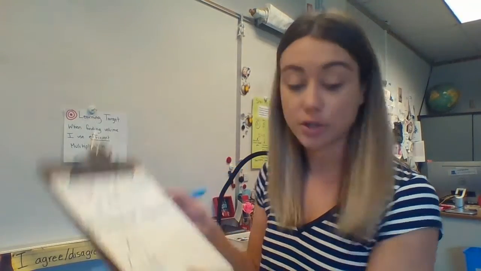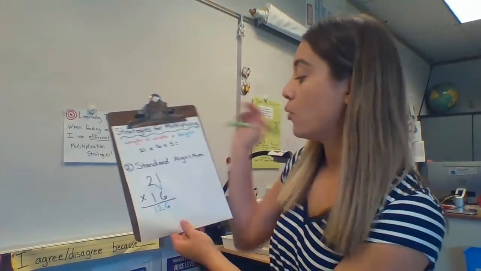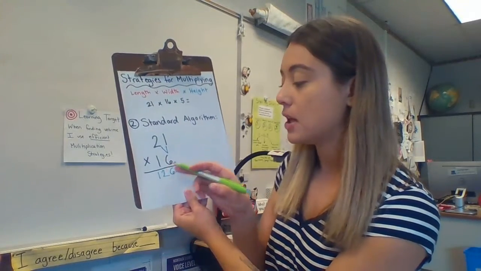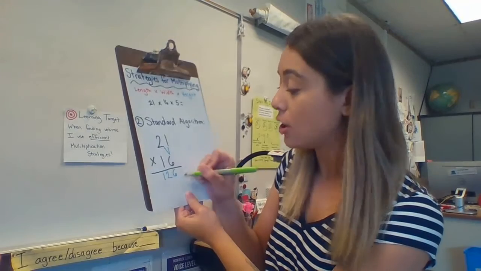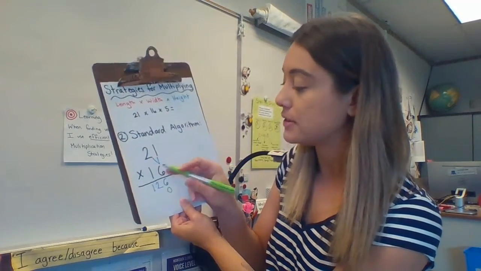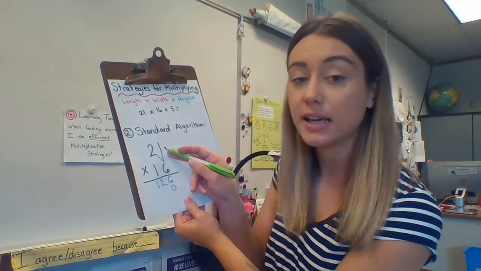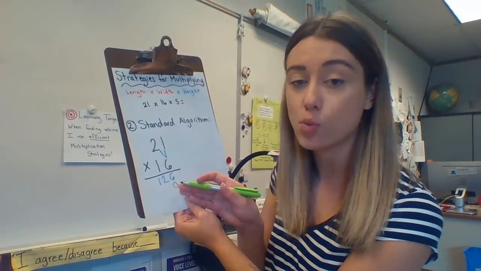Now I'm going to use a new color for the second number. We're going to use green. When I start with my tens, friends, whenever I have a number in the tens place on the bottom, I know that this can always be a 0 because 10 times anything is always going to have a 0 in the ones place.